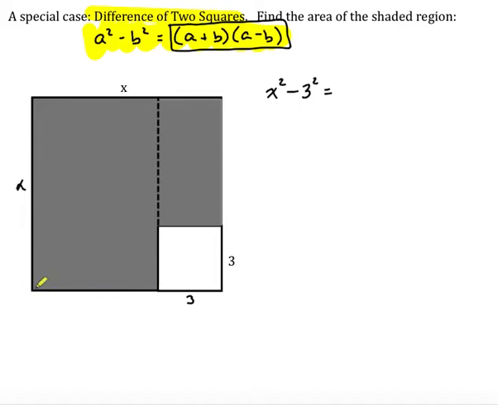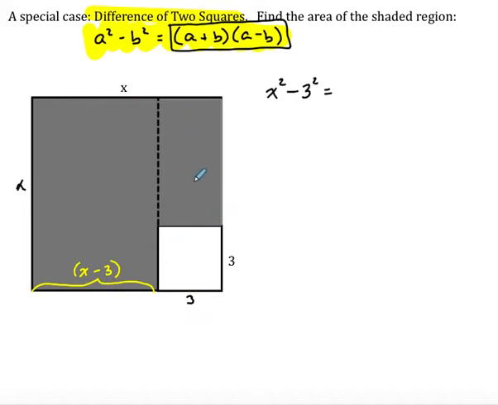But this width down here is the side of the square x minus this piece 3, right?